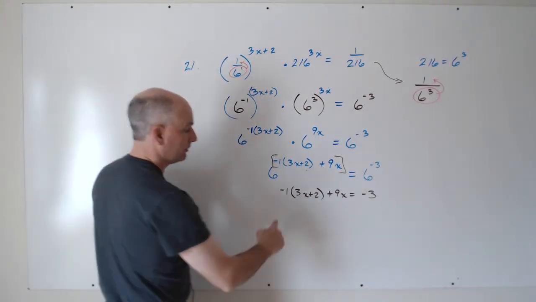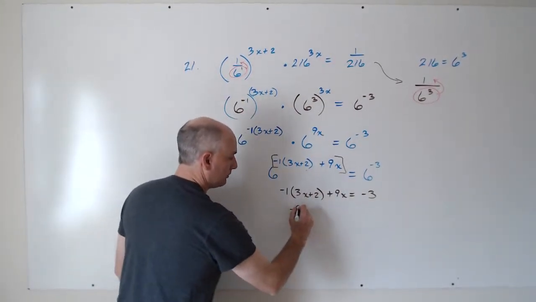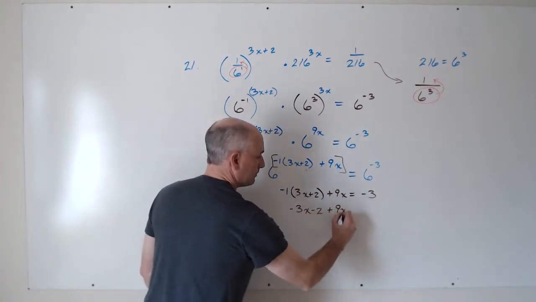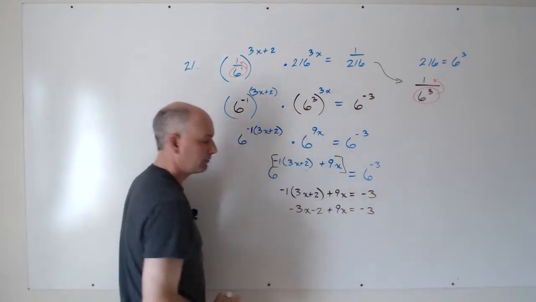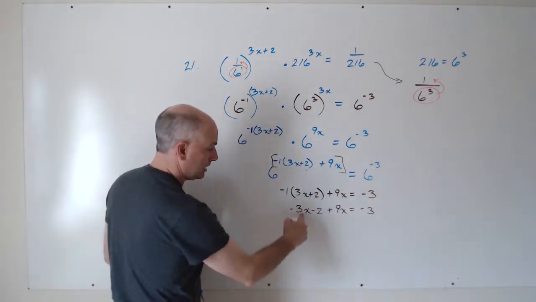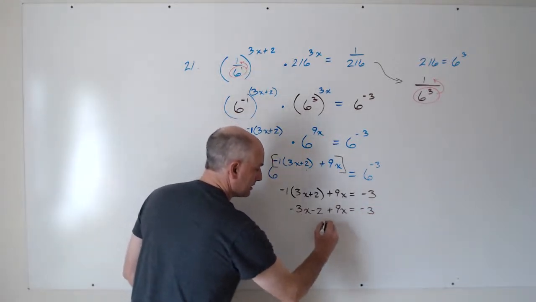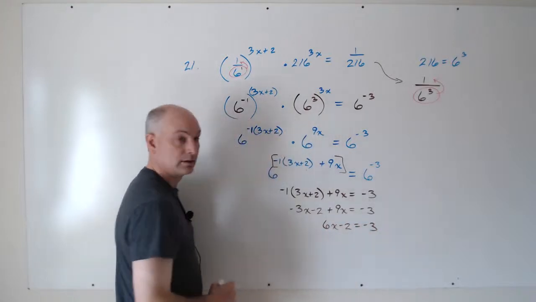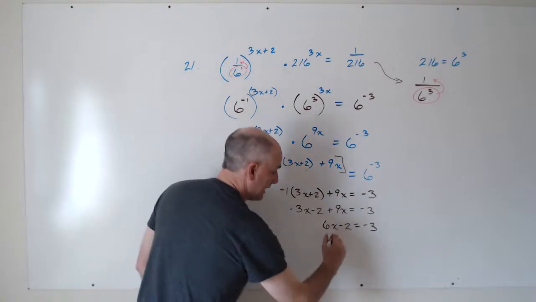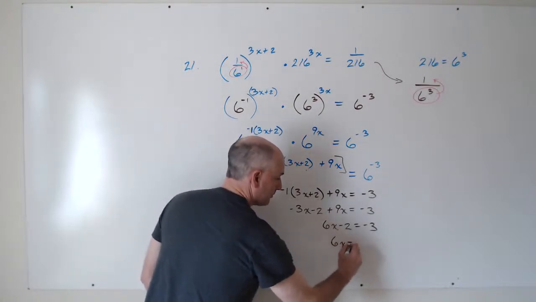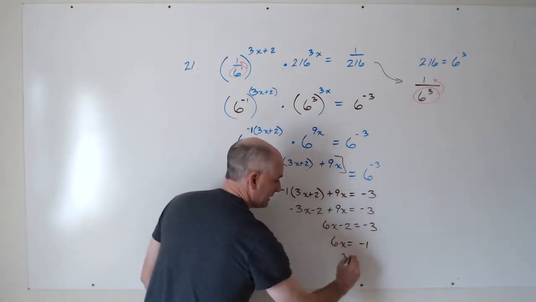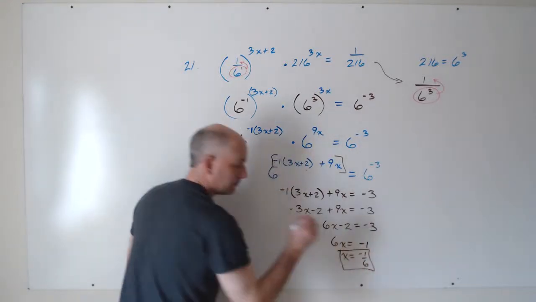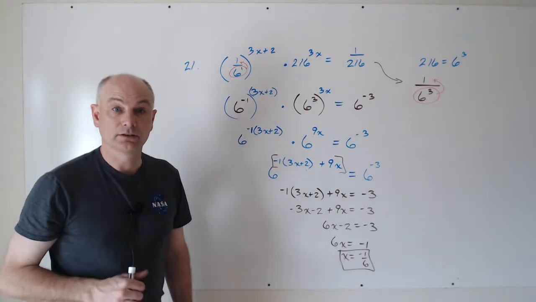Now solve by distribution: negative 3x minus 2 plus 9x is equal to negative 3. Now let's bring some things together. Negative 3x plus 9x is 6x. And then solve from there. Add 2. Divide by 6. And there is our result.